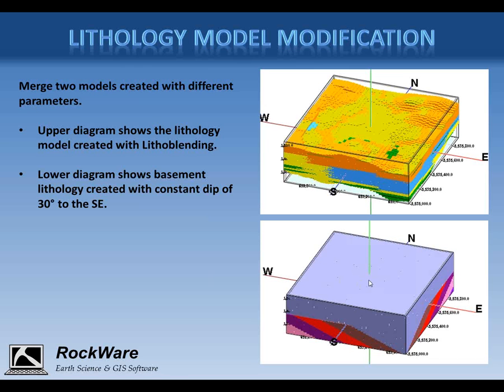In this lower diagram, though, I've got a totally different regime going on down here where I have an unconformity, constantly dipping units at 30 degrees to the southeast here, and I want to somehow combine these two models that incorporate these red units in the lower section with my lithology in the upper section.